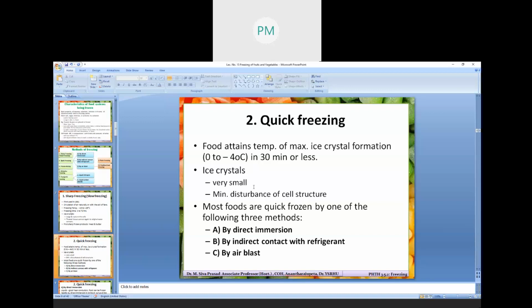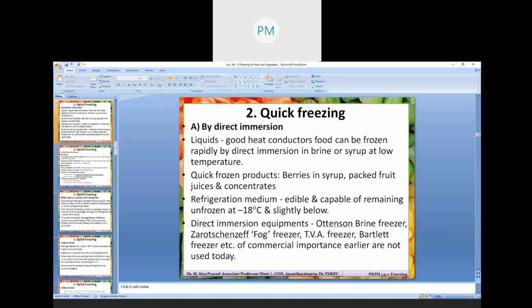We have seen quick freezing using brine or sugar syrup, where you use an edible medium in which you dip your fruits or berries for storing the substance, right? That is direct freezing, where you use brine or a sugar syrup at a temperature of minus 18.